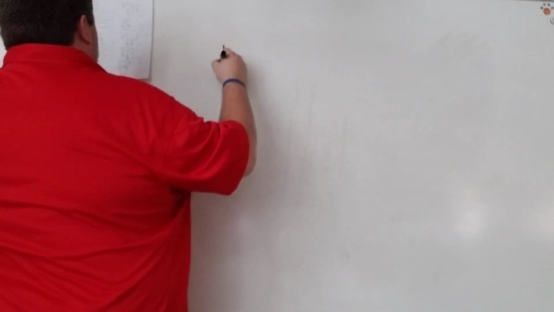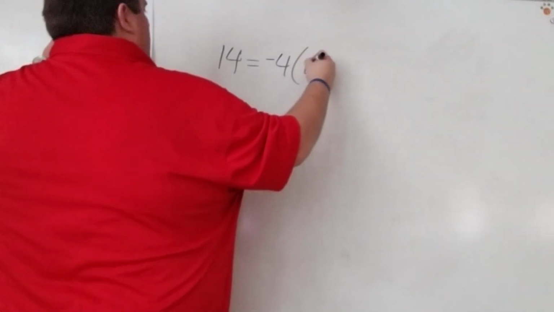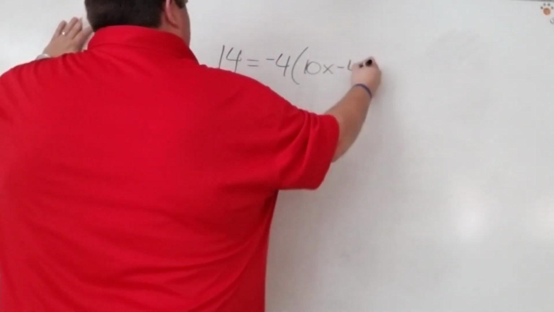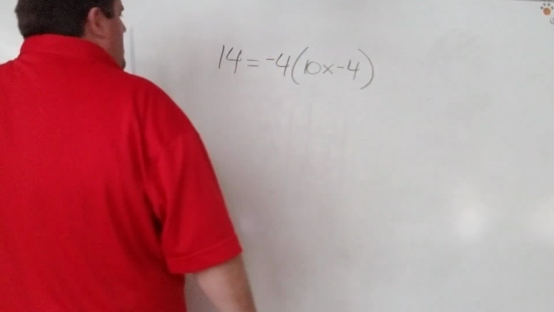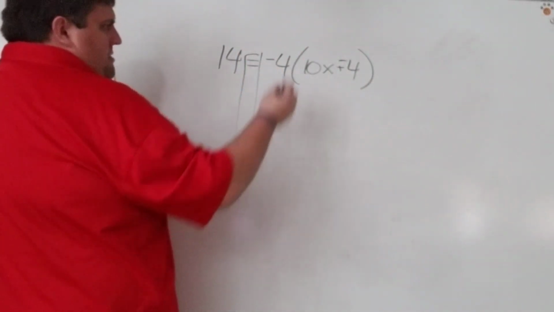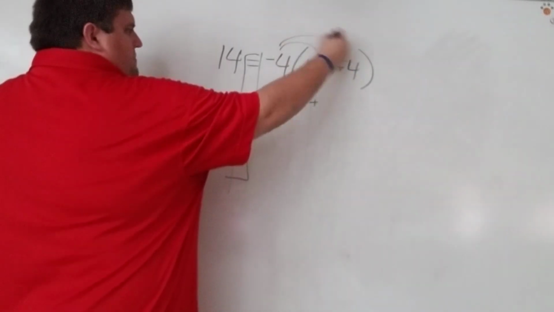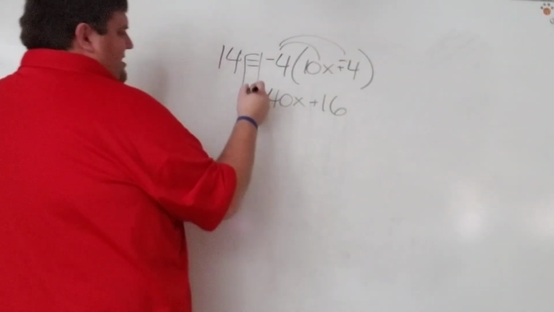Let's see, 14 = -4(10x - 4). And then, let's see here. Distribute: negative 4 times 10x is negative 40x. Negative 4 times negative 4 is positive 16.